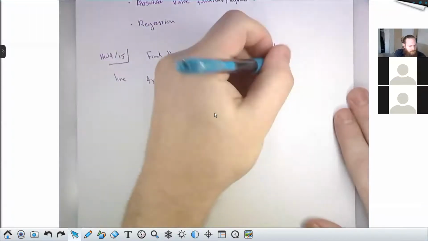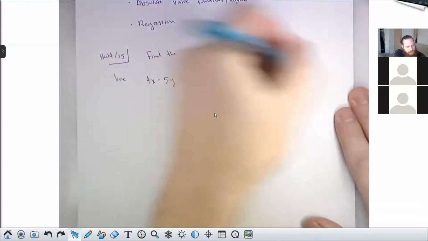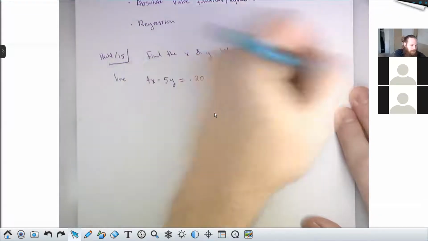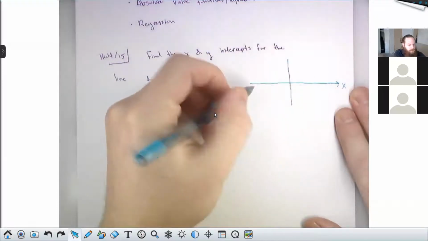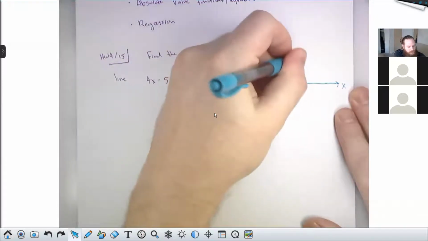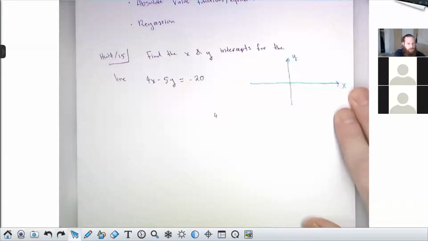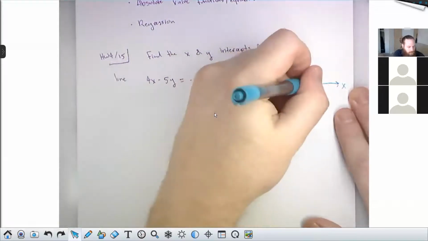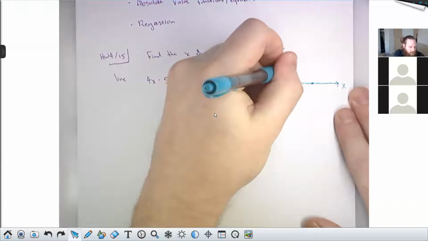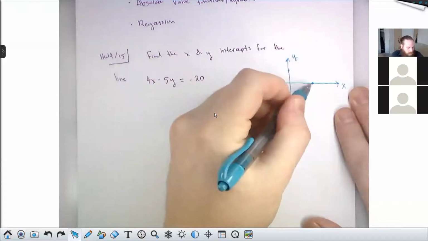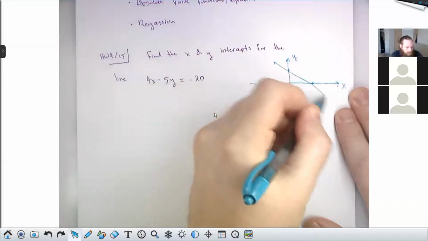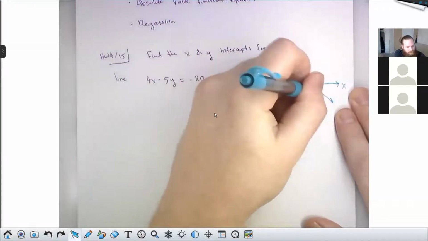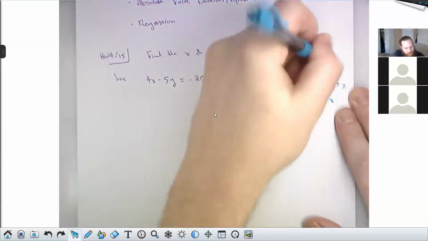Yeah, each one of those is a place where one of the variables is equal to 0. Along the x-axis here, the y values are all 0. And along the y-axis here, the x values are all 0. So I'm just going to draw some line here. It's not necessarily the line we're looking at over there, but at the x-intercept here, the y value is 0.